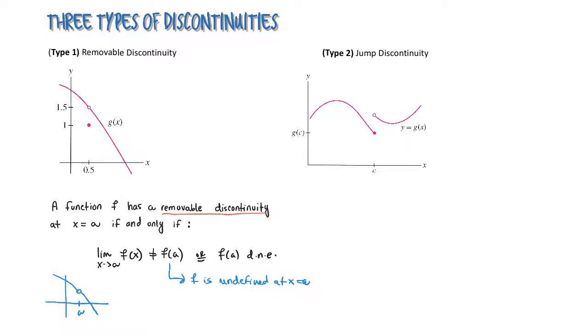Wonderful, the limit exists. But for some reason, it doesn't equal f of a, if f of a exists, because maybe it is equal to some other value below or above the curve. Or, like in this case, f is completely undefined at a. There is no dot above or below. So this is another illustration of a removable discontinuity.